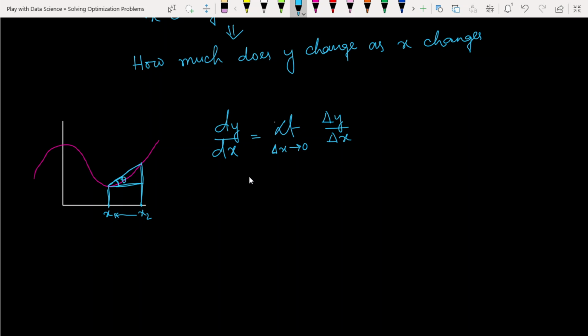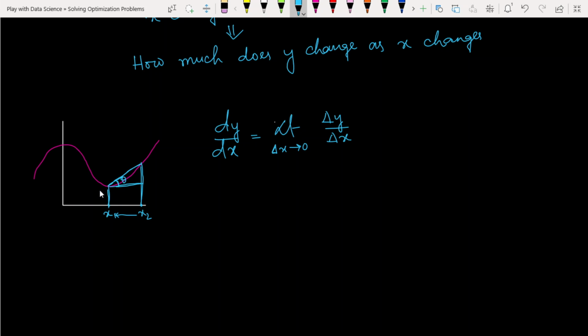This means when x2 tends to x1, then what will be the length of the hypotenuse?